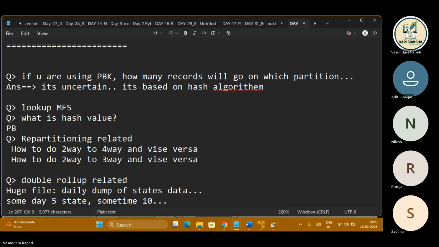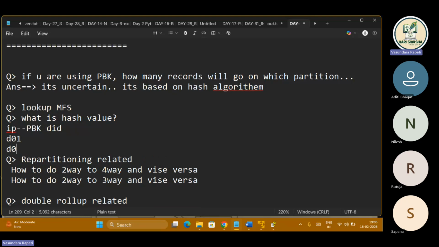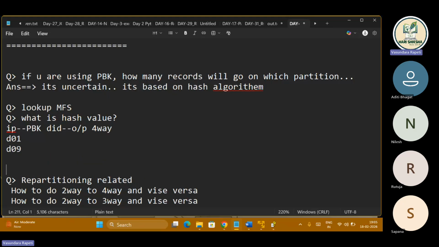Does anyone know how many records will go to each partition if you are using PBK on department ID key? Here you have D01 till D09 and 1,000 records are there. Some belong to department 1, some to 2, 3, 4, like that. How many records will go to P0, P1, P2, P3? How is it decided?